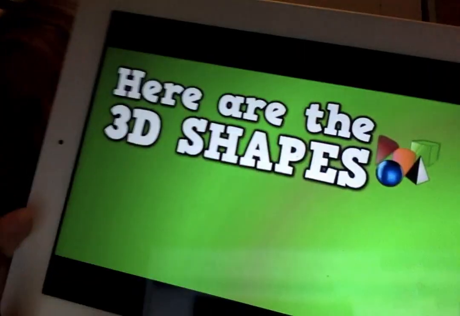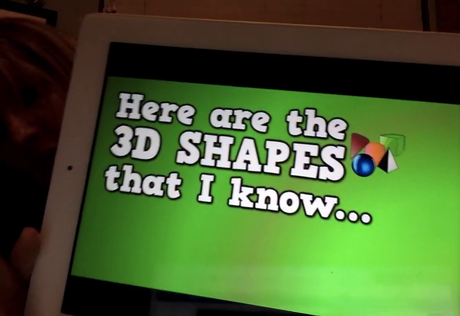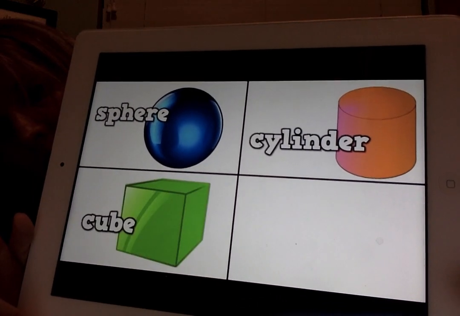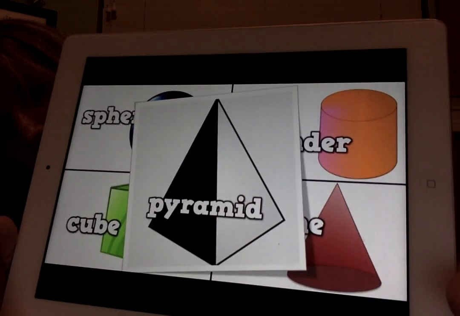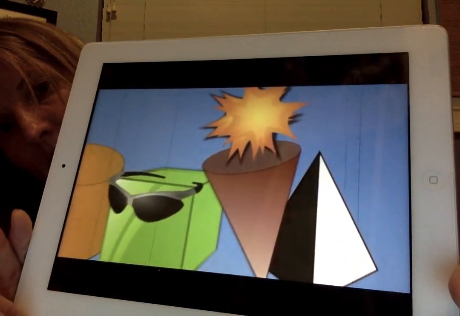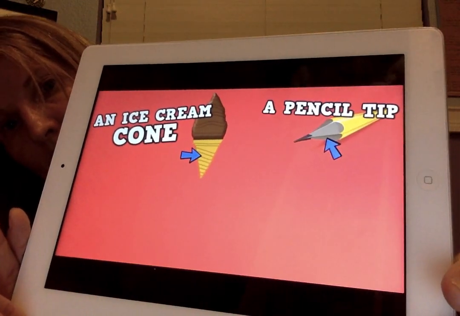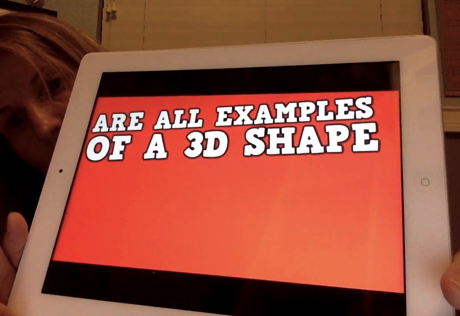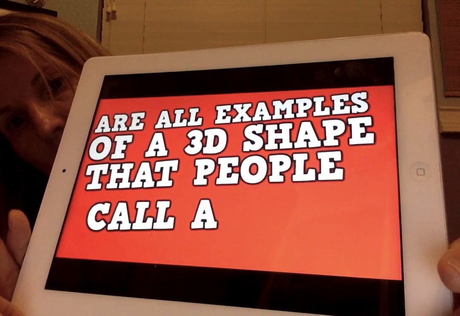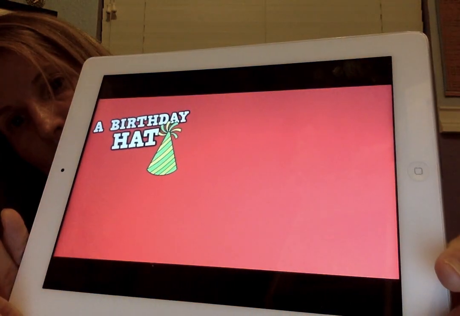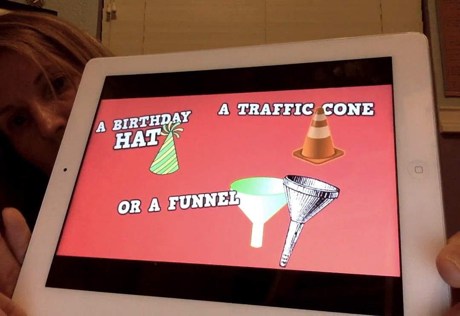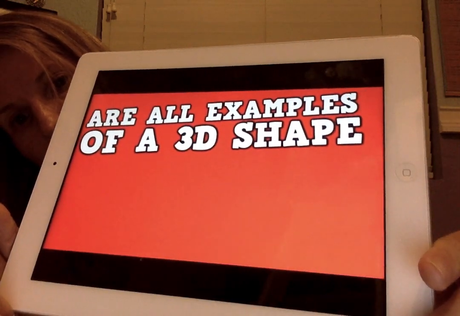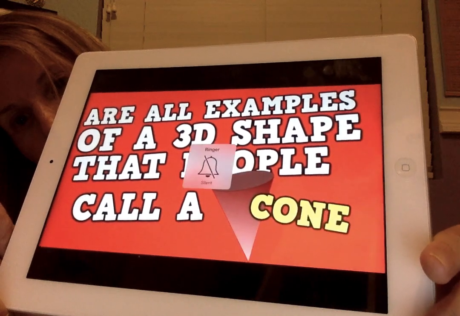Here are the 3D shapes that I know: a sphere, a cylinder, a cube, and a cone. An ice cream cone, a pencil tip, and a megaphone are all examples of a 3D shape that people call a cone. A birthday hat, a traffic cone, or a funnel in my home are all examples of a 3D shape that people call a cone.